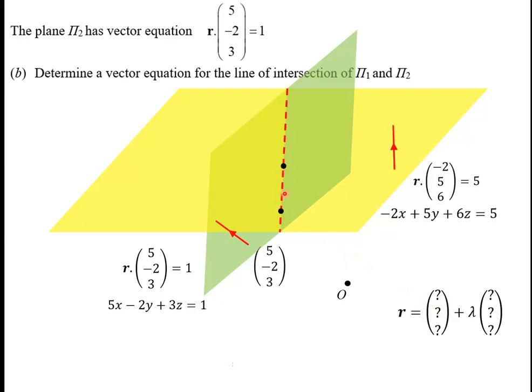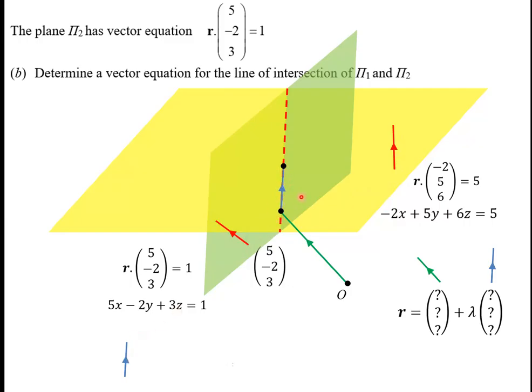So I'll say that is the position vector of that point. That's the vector that takes me onto the line, and then I need this directional vector, which I'd have to find from the difference between these two position vectors. But I don't need to do that, because the direction of the line is going to be perpendicular to both of these two, because this is perpendicular to this plane.